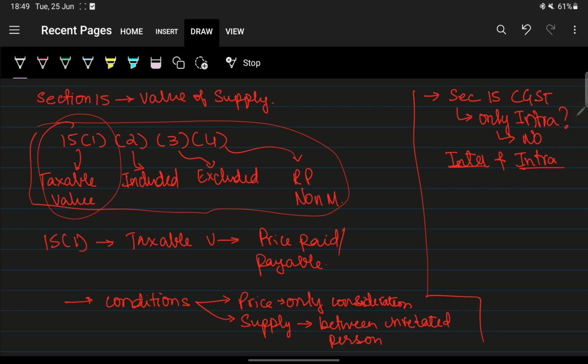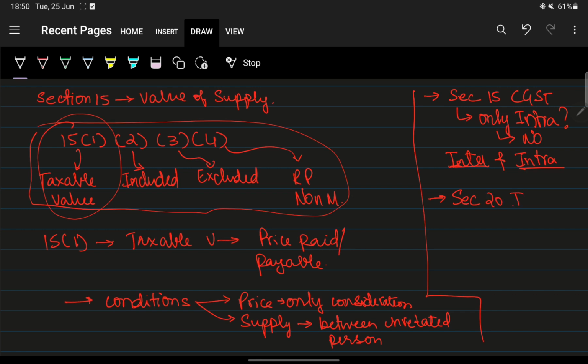Next, which section of the IGST Act provides a provision referring to section 15 of the CGST Act for valuation of interstate supplies? This question can't be yes or no. It is section 20 of the IGST Act.